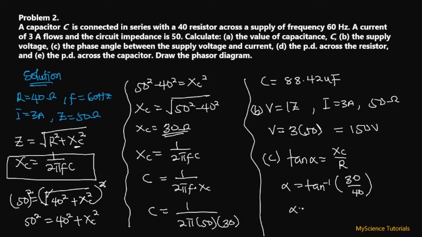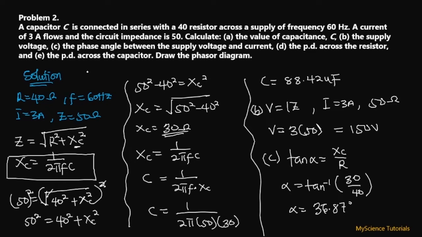So the tan inverse of the ratio 30 to 40 will give us an angle of 36.87 degrees.